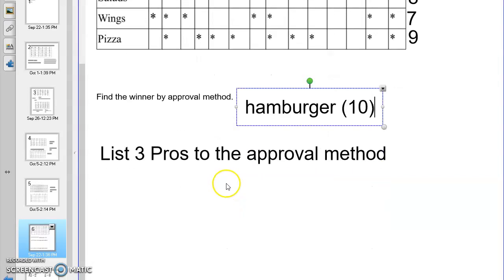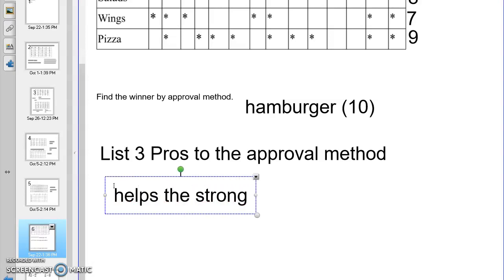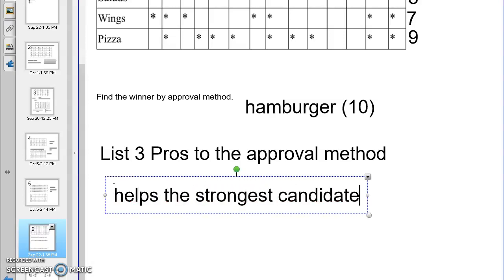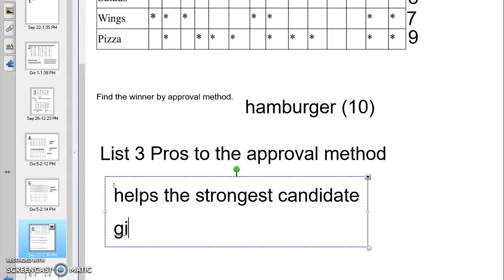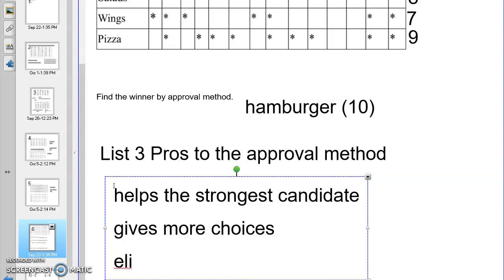And I will be asking you to give me 3 of the 4 positives for the approval method. The approval method helps the strongest candidate. The approval method gives more choices. The approval method eliminates negative campaigning.